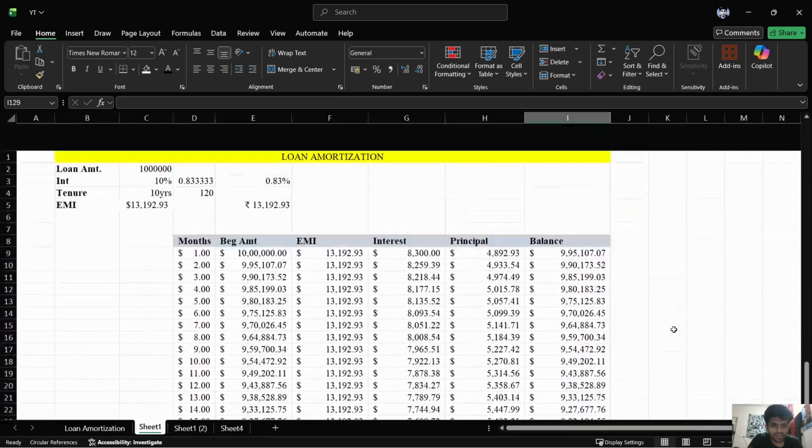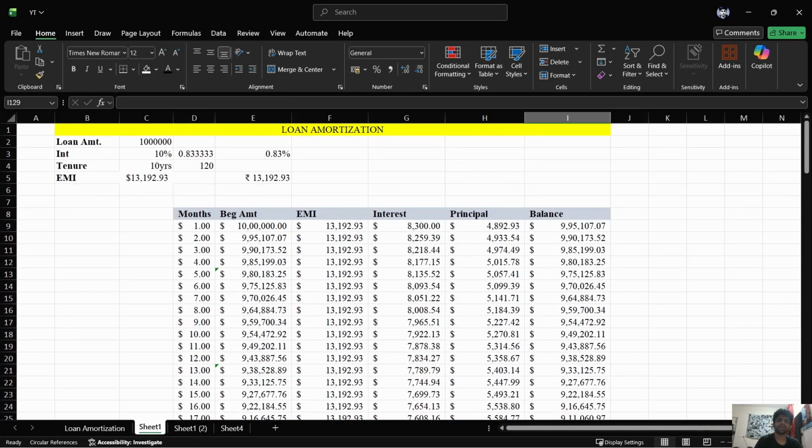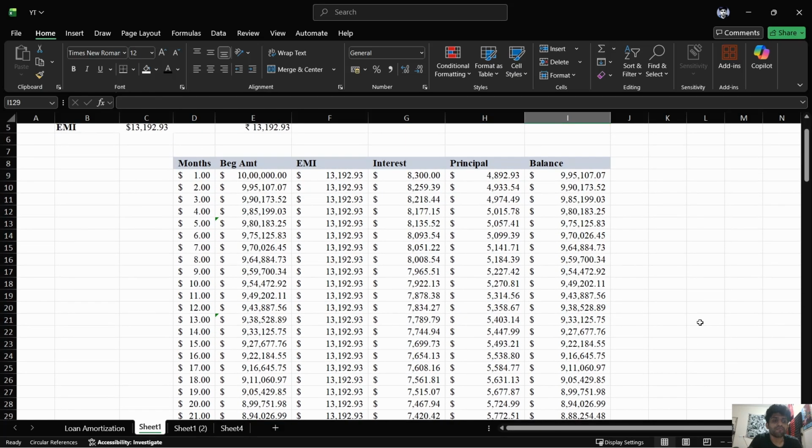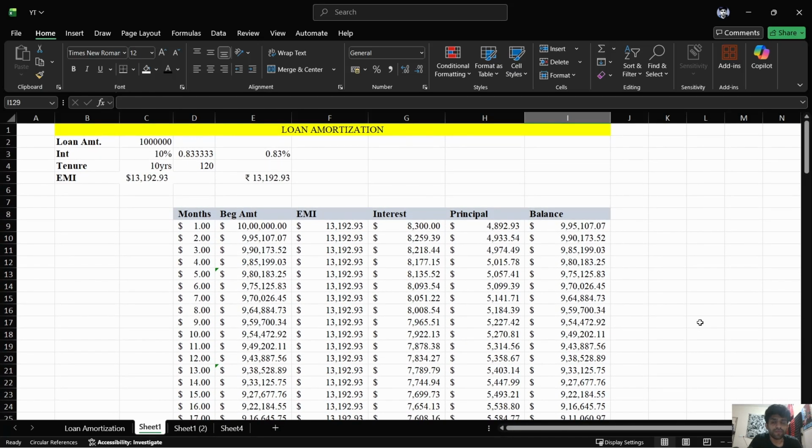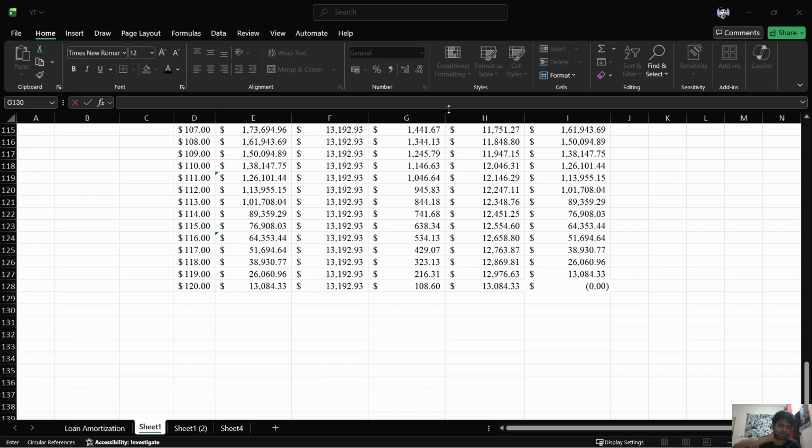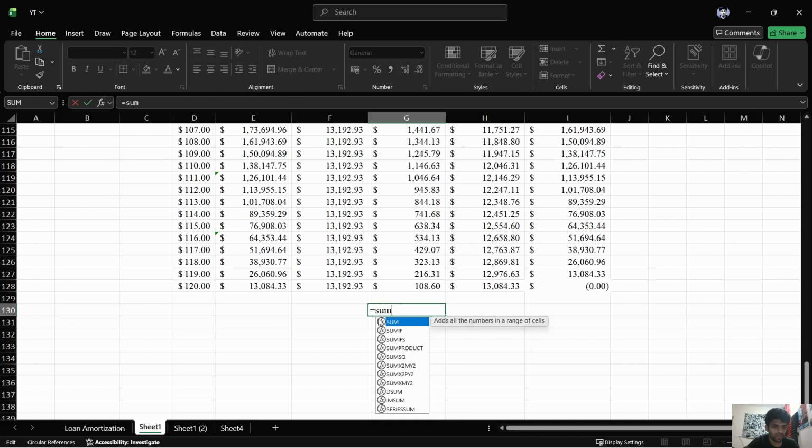And now we'll be calculating how much exactly interest we have paid, and whether we have paid exactly 10 lakhs or maybe more or maybe less. Let's see. To calculate the exact breakup of our EMI over 120 months, we'll be using the sum function.